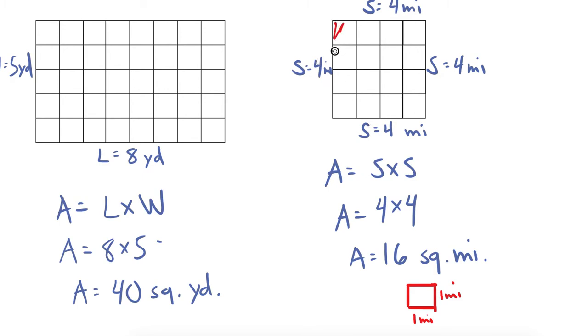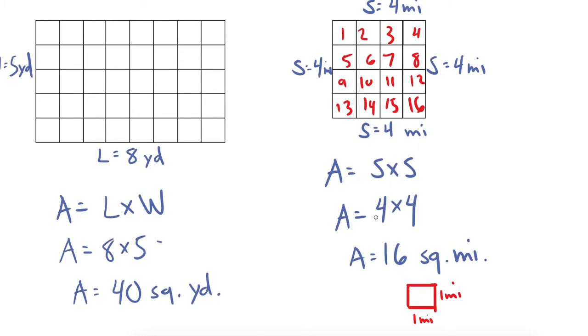So if I counted up all the squares, I should get 16. 1, 2, 3, 4, 5, 6, 7, 8, 9, 10, 11, 12, 13, 14, 15, 16. Yeah, so I was able to find the area of this square without having to count up all the individual squares. I just multiplied one side by another side.